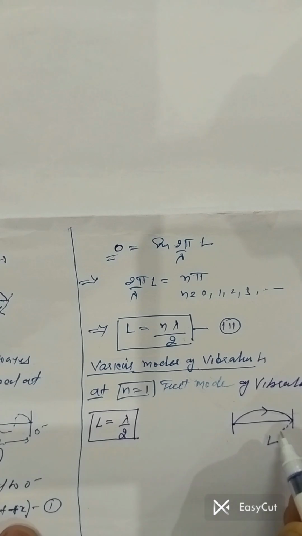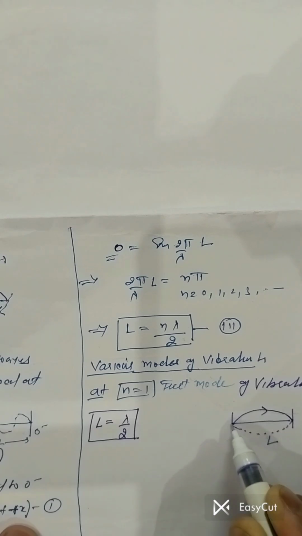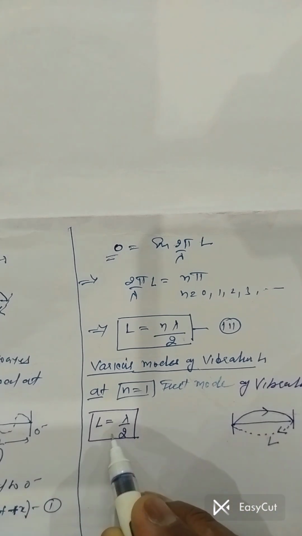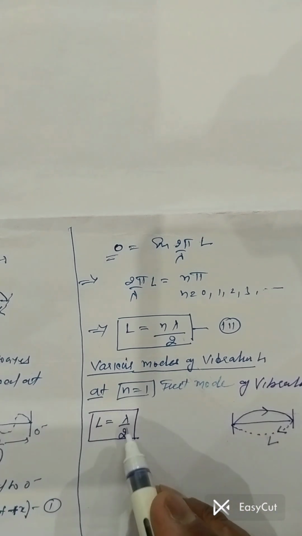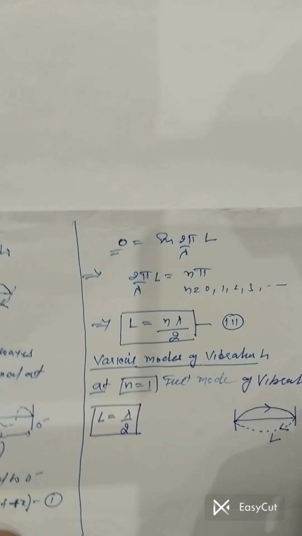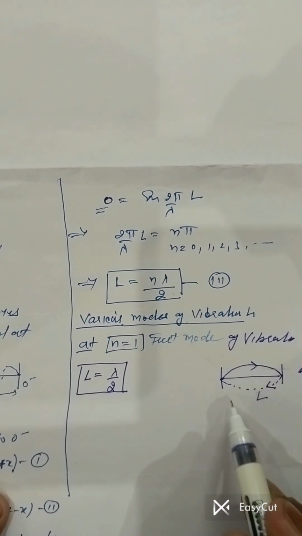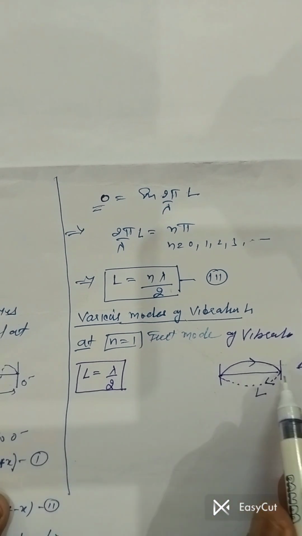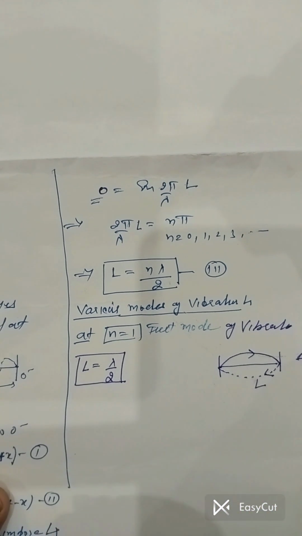Now after reflection it will move like this, in this way. Okay, half wave because full wave is this. So in the complete length L it is having lambda by 2, means this is the half wave. So in this way we can find here that the complete length consists of half wave, and after reflection it will move like this.